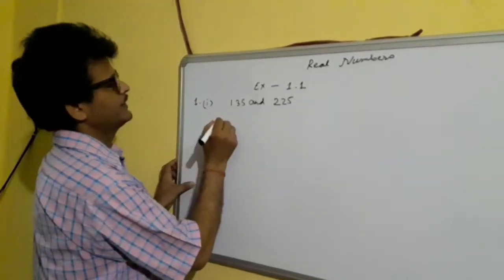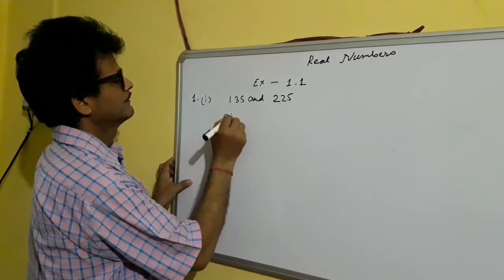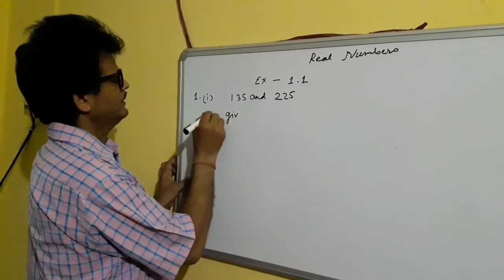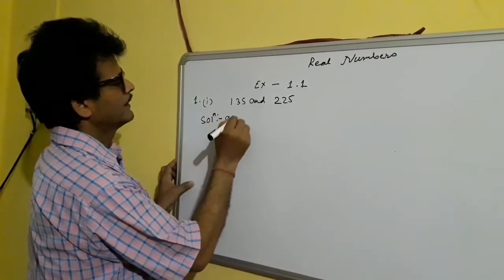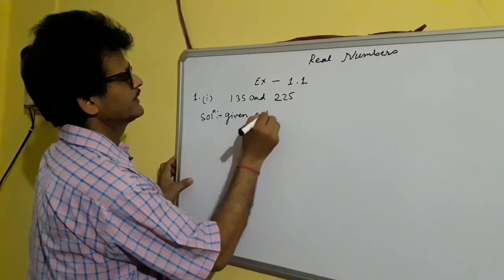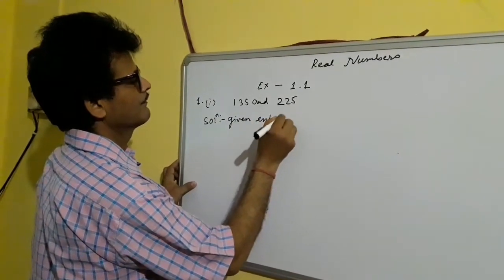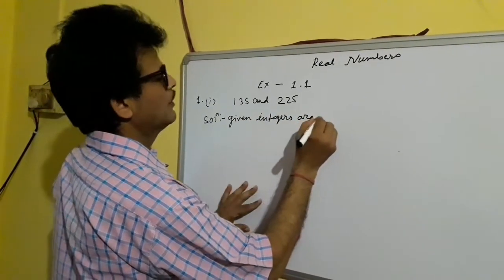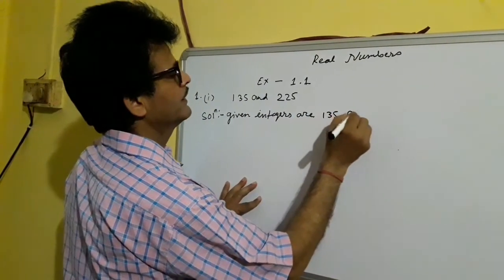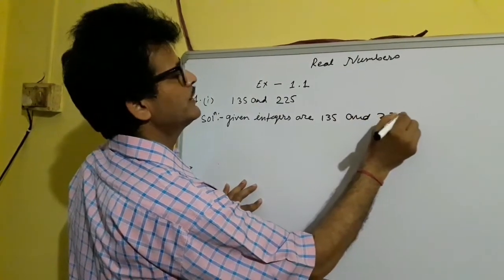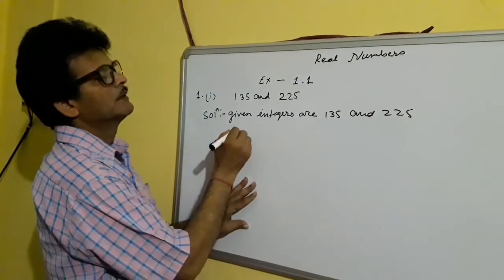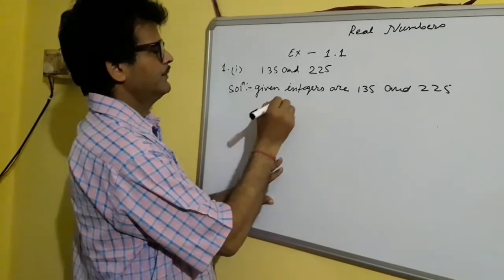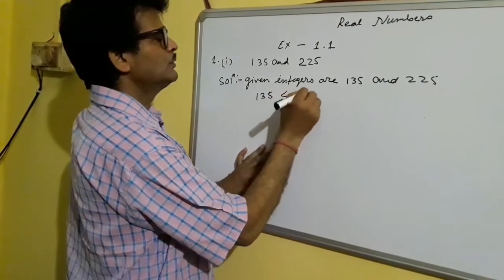So given integers, solution: given integers are 135 and 225. 135 is less than 225.